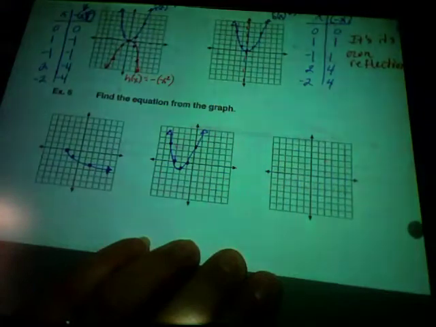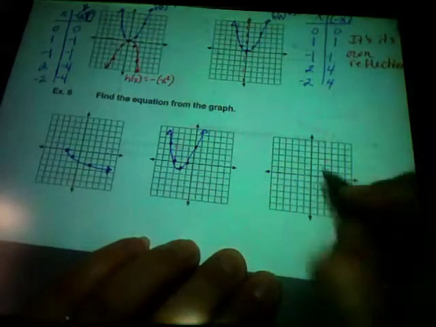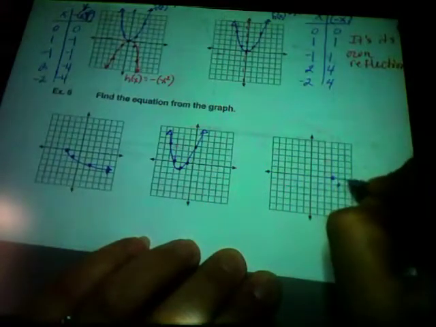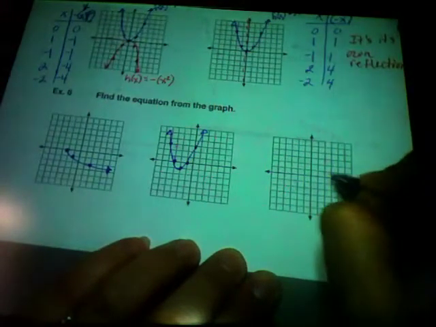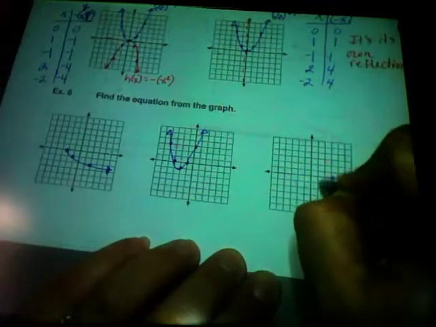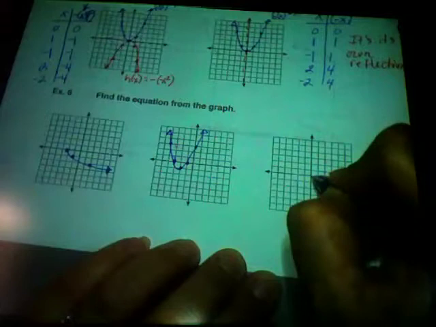And then the third one has a point at 3, 0, a point at 4, negative 1, 5, negative 2, 2, negative 1, 1, negative 2, 0, negative 3.